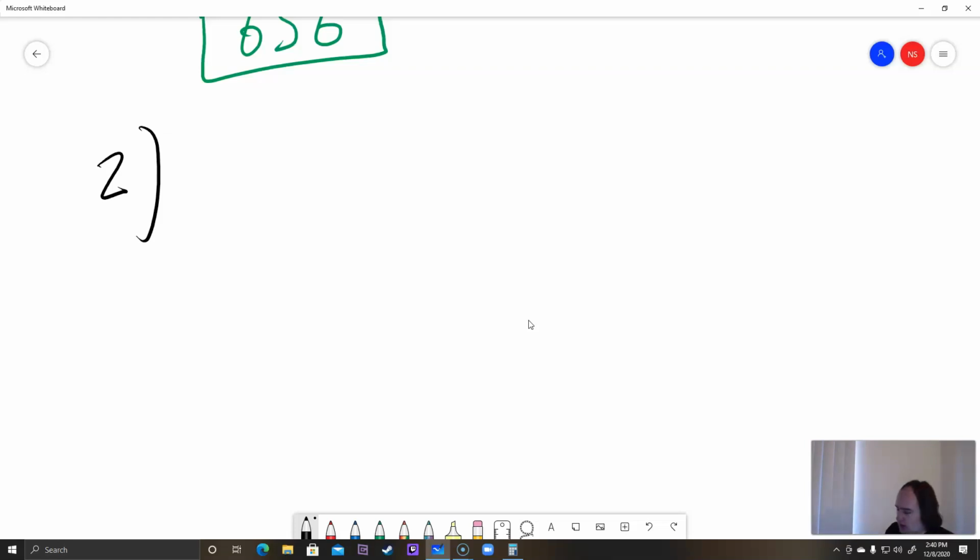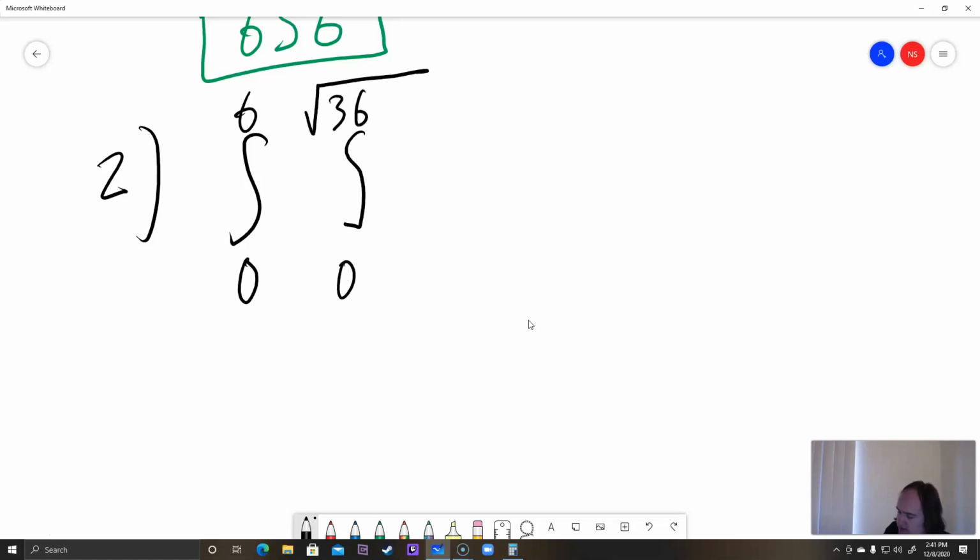Okay? All right, so for number 2, we've got the integral from 0 to 6 and the integral from 0 to the square root of 36 minus x squared, and the integral from 0 to the square root of 36 minus x squared again.